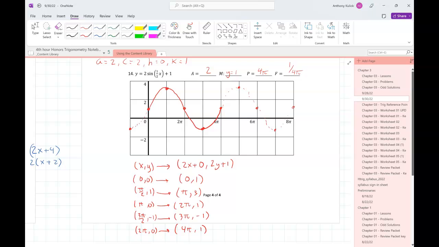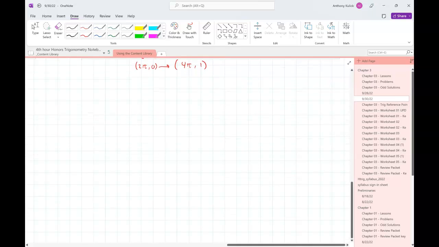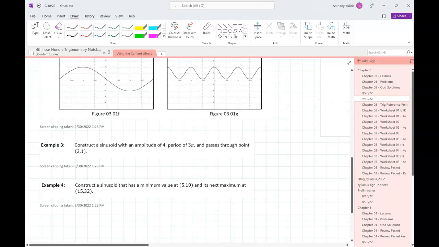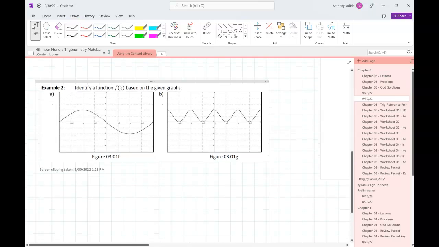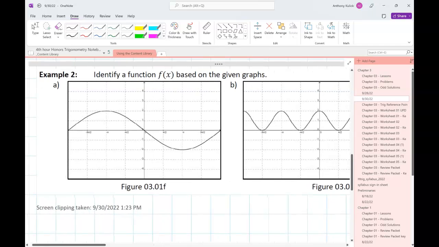Now, this topic that we're about to do tends to be a little bit tricky because you really have to understand what's going on. So just wanted to prepare you for that. So the first examples here, we're giving you a picture, and we're asking you to identify the function based on the picture.